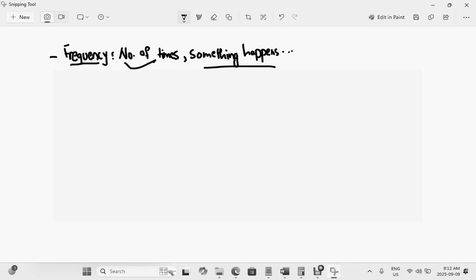And your cumulative frequency on the other side, we'll talk about this later, or more like cumulative relative frequency.